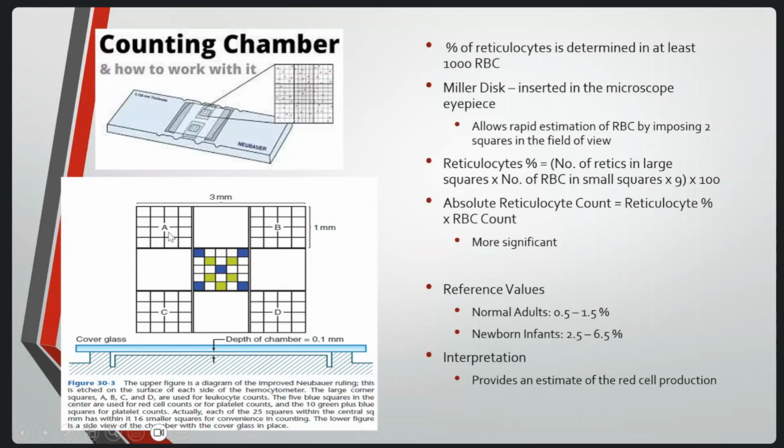If you want the WBCs, count from the squares A, B, C, and D. For our red blood cells, we use the blue squares. And then the green plus blue for the platelet counts, in this area.